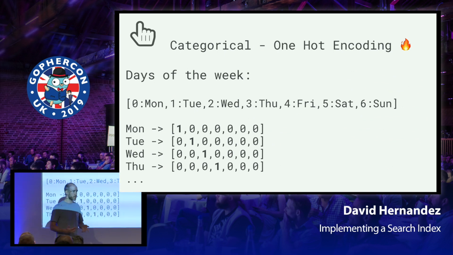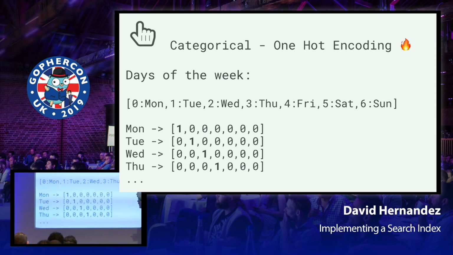as I said, machine learning only understands numbers. So when we have a categorical variable, for example words or text, you cannot directly represent that in numbers. For example, if we want to represent the days of the week, we transform that into what is called one-hot encoding. That's as simple as having an enumeration of the days of the week from 0 to 6, like it should be, not from 1.